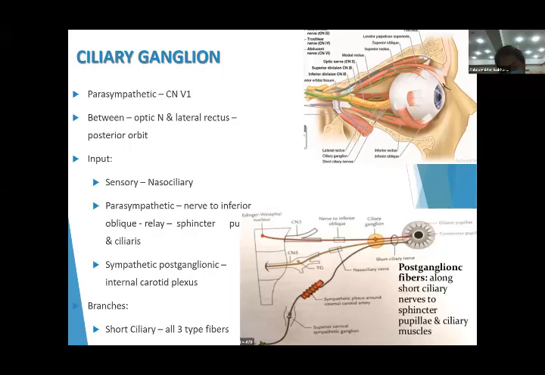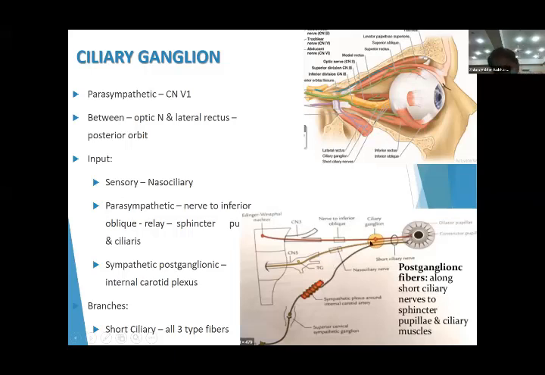Now let's come to the sympathetic fibers. Sympathetic fibers come from the superior cervical ganglion. They make a plexus around the internal carotid artery, and then these fibers are carried to the ganglion.